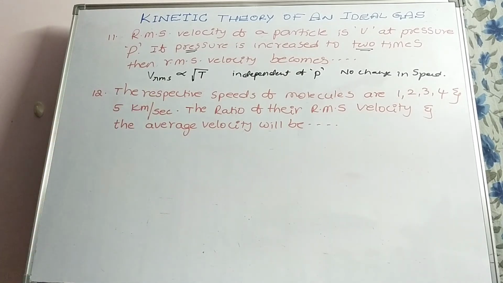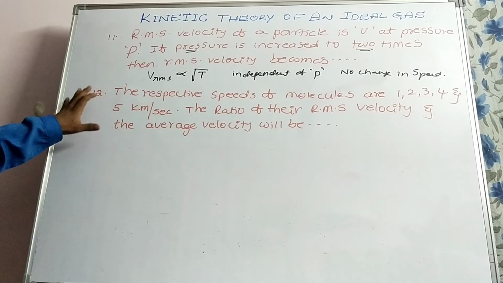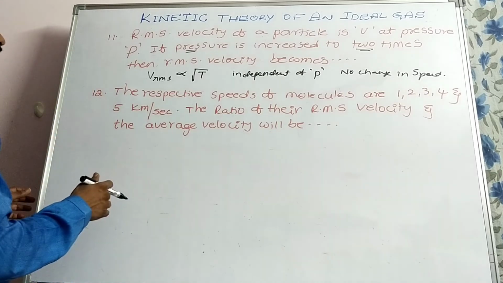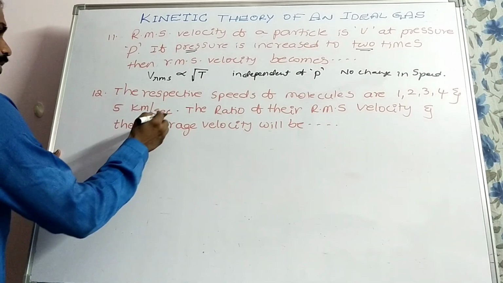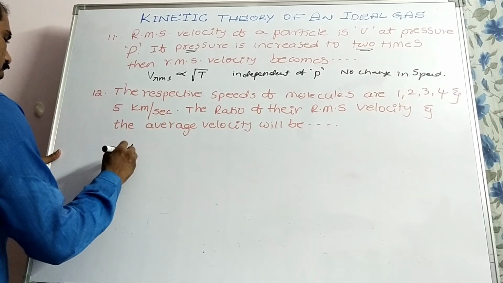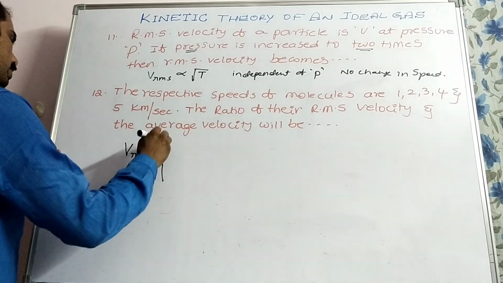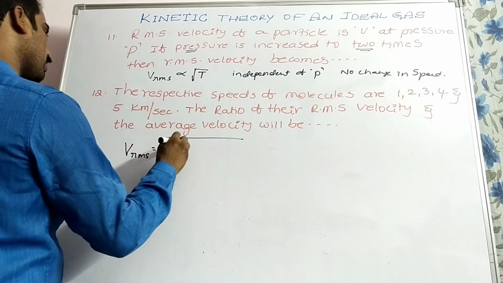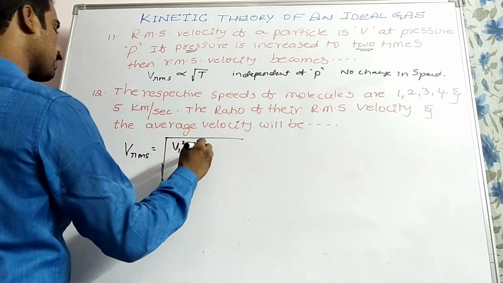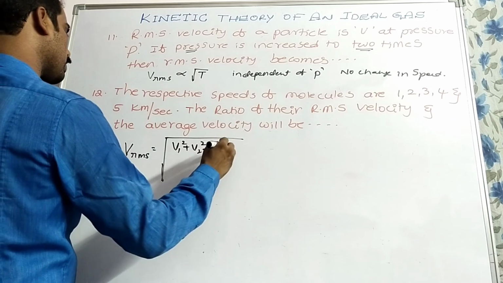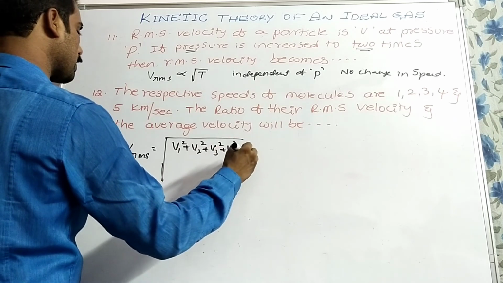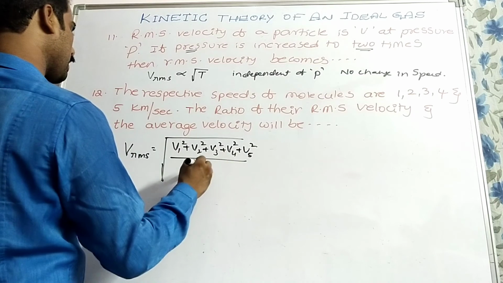Now here see another question. The respective speeds of molecules are 1, 2, 3, 4, 5 km per second. The ratio of their RMS velocity and average velocity will be? So here we are provided with the speeds of some molecules of gases. We have to find first the RMS velocity. The expression for V RMS is equal to root of V1 square plus V2 square plus V3 square plus V4 square plus V5 square by 5.